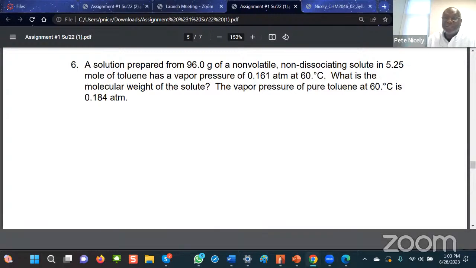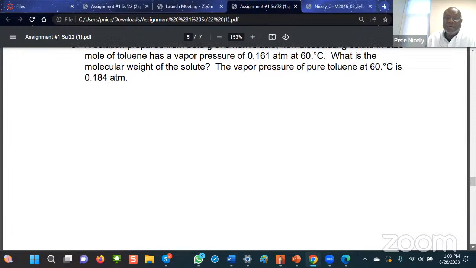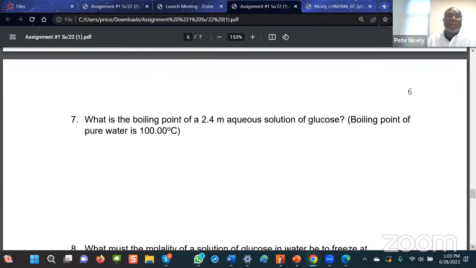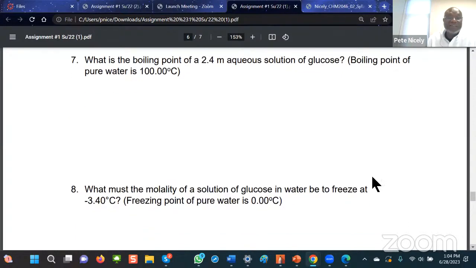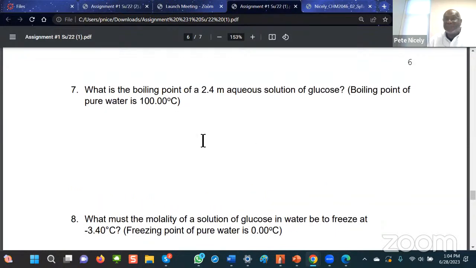So let me scroll down. Actually, yes, you should be able to do this one. Now, the key to solving this one is this equation.